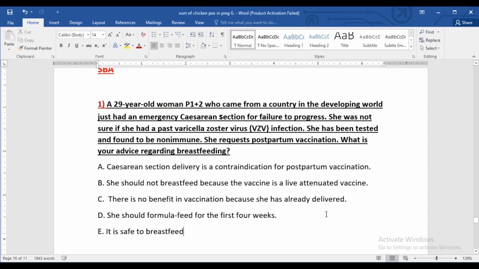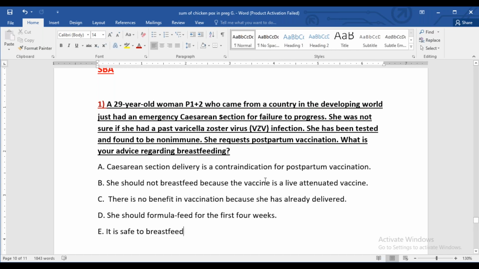So it's completely safe, and this is a single best answer question which is repeated. It is safe to breastfeed after she got the vaccination, or even if she had the infection but there are no active lesions near the nipple. So the answer will be E.